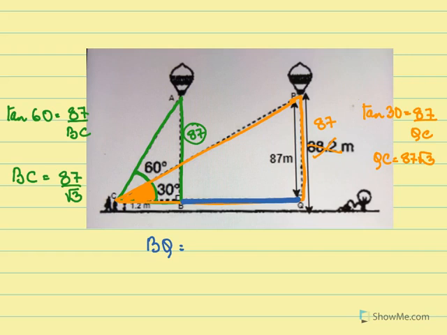We did this entire distance, which is this one, full one, which is here 87 root 3, and we subtracted from it this distance, which is 87 over root 3. Of course, we rationalized 87 over root 3 to make things easier, and then we got our answer as 58 root 3. That was the distance traveled by the balloon.